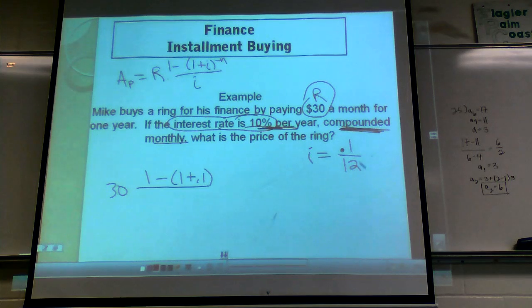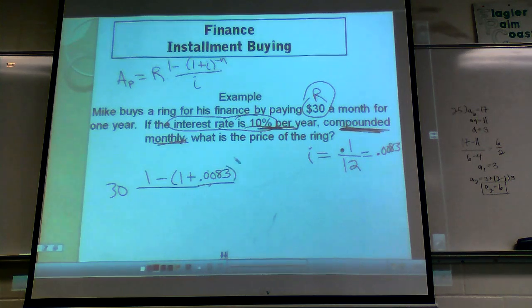If it said compounded quarterly, that'd be divided by 4. Biannually would be every half year, so it'd be divided by 2. In this case I'm going to use 0.0083, so instead of 0.1 right there, it's going to say 0.0083. That's just 0.1 divided by 12.